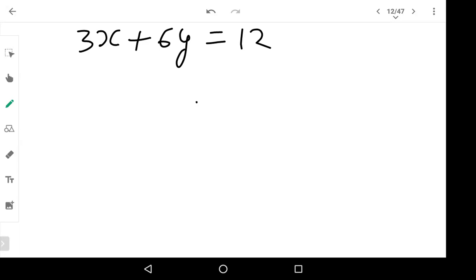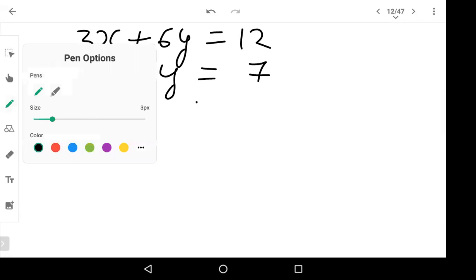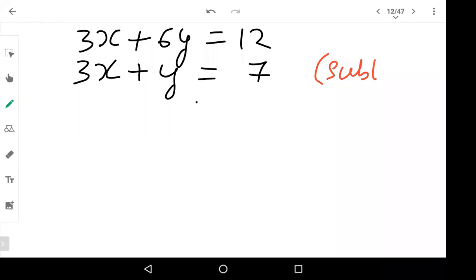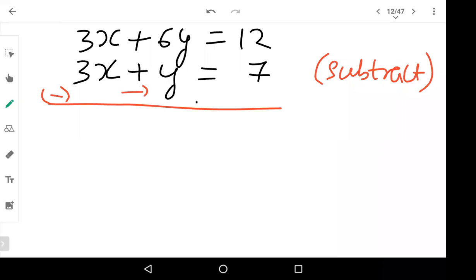Okay. Now next, the second equation is multiplied with 1. So 3x plus y is equal to 7. It's going to remain as it is. Now here I am supposed to subtract both the equations. Now for subtraction, I have to change the sign. So this will become minus, minus and minus, and I can cancel 3x and 3x. Okay.